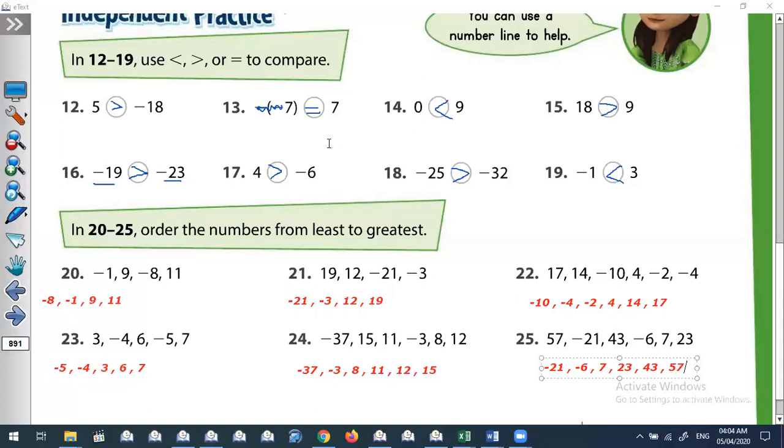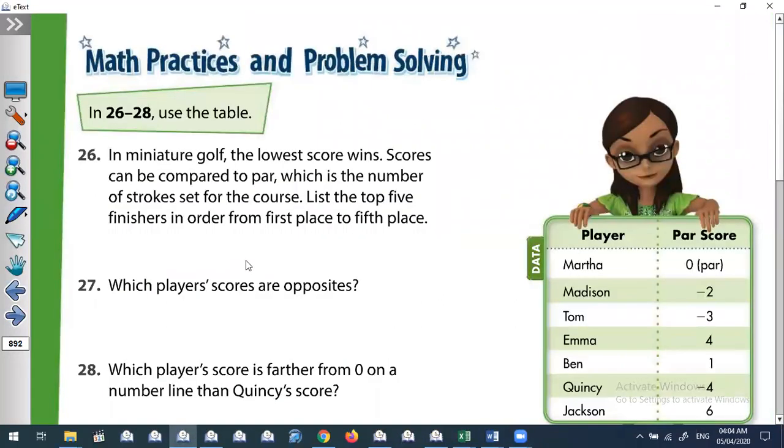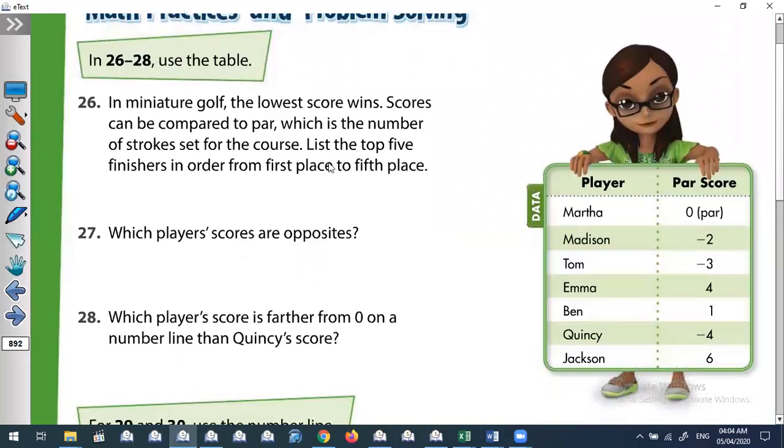The next exercise. Here we have a table like that. The lowest score wins. Scores can be compared to par, which is the number of strokes set for the course.